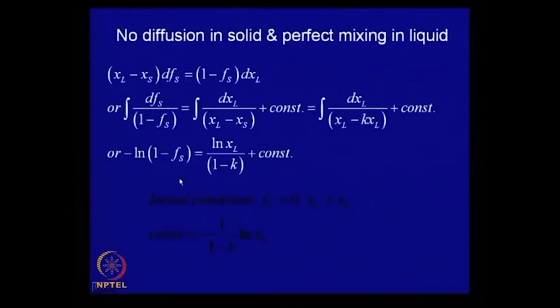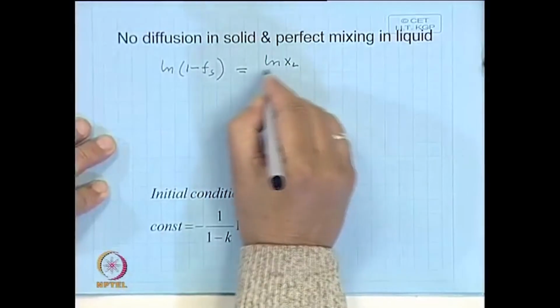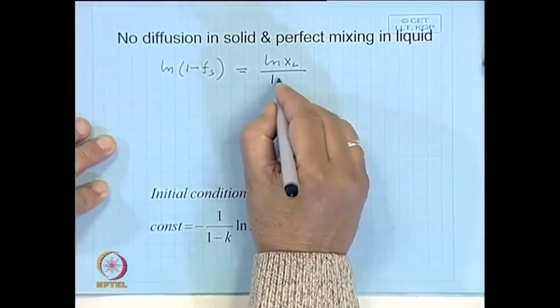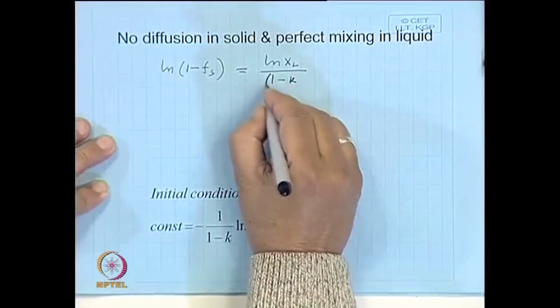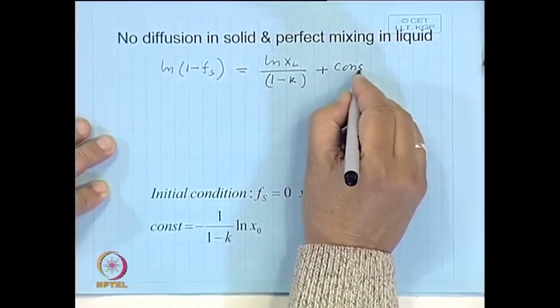After you integrate, what you get is ln 1 minus F s equal to 1 minus k plus constant.